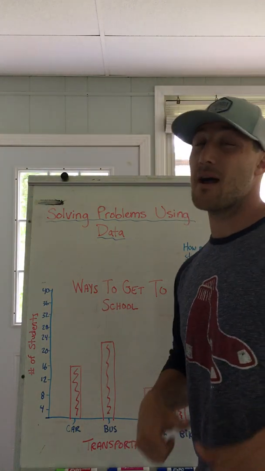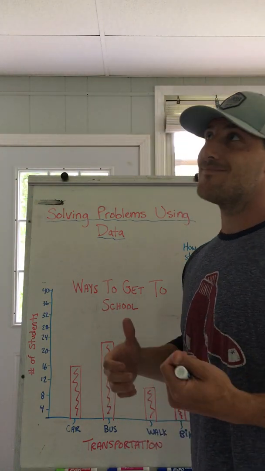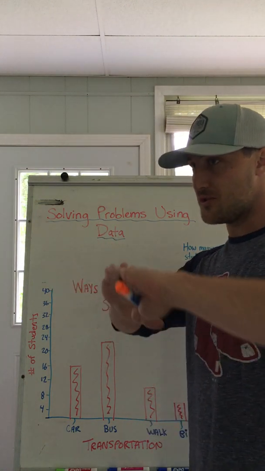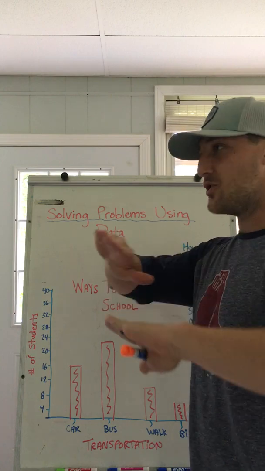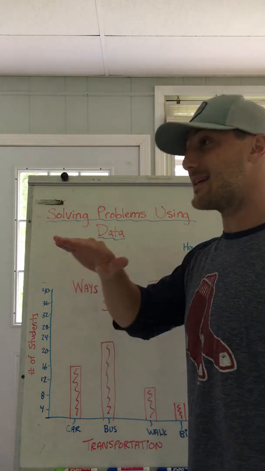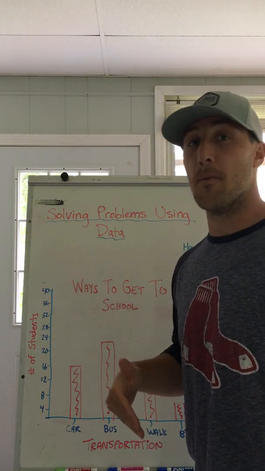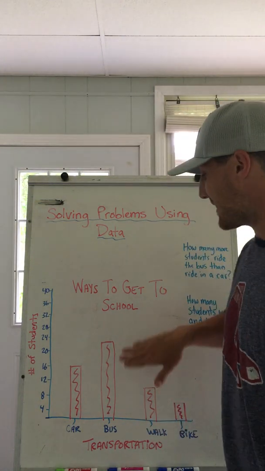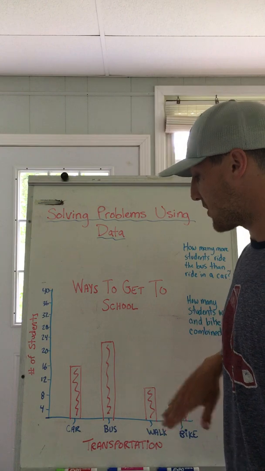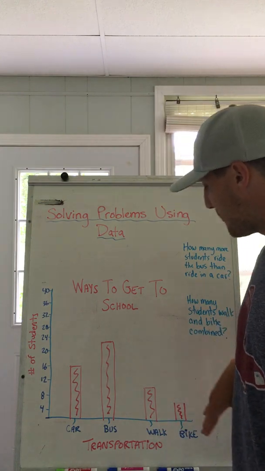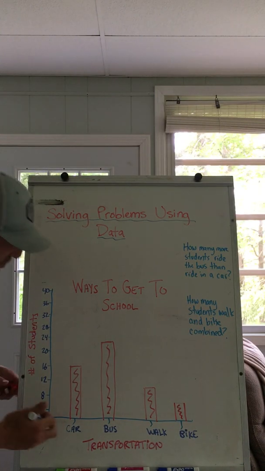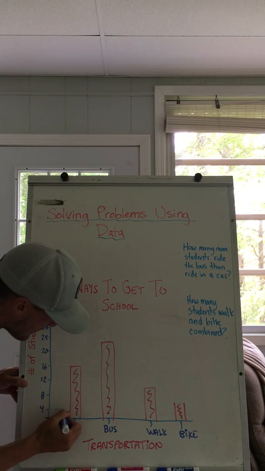So what I'm going to do is draw right on here. If you're looking at a computer screen, you could maybe use your finger to go across, or you could use something that's flat and straight so you could see right across, or maybe it's going to have lines on there for you, which are really going to help. So let me draw in lines so that I can figure out exactly how many people come to school in the car, how many people take the bus, how many people walk, and how many people bike. So I'm going to take these lines over here, and I'm just going to continue them right on across.